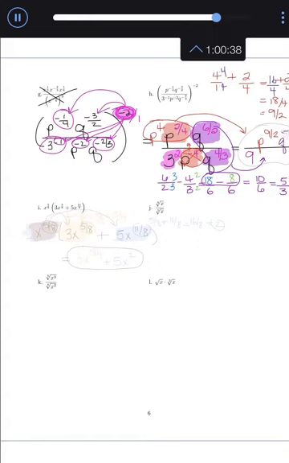Notice it's a positive 5/3, so it will be on the top. So this is my final answer. It's p to the 9/2 and q to the 5/3 on top, all over just a 9.